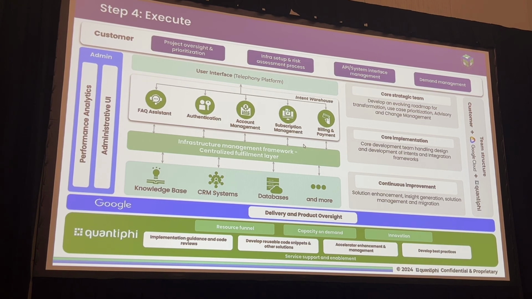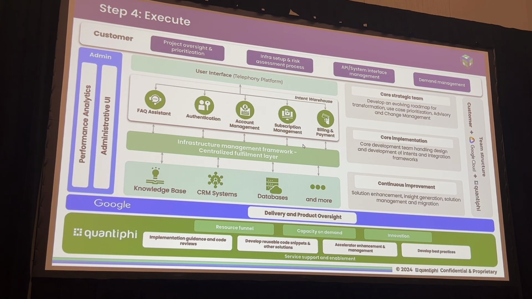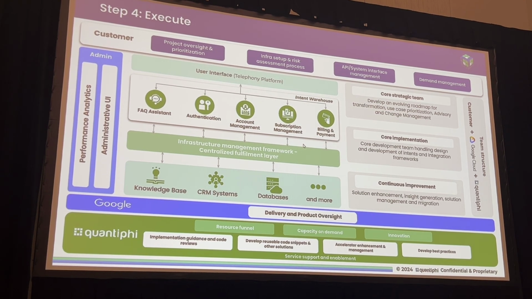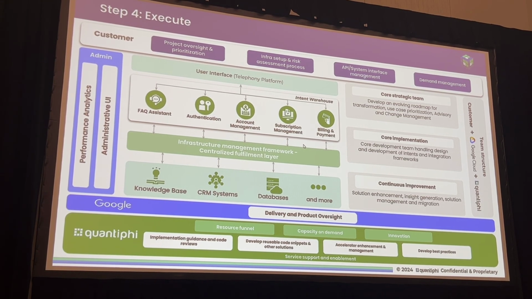So typically, our delivery team would have a strategic team that would work with the customer in identifying and refining the roadmap. That's the core strategic team. And they will also guide the more hands-on team on best practices, right? How can you overcome some challenges? How can you make the solution more scalable? Then there is the core implementation team that does the work day in, day out.